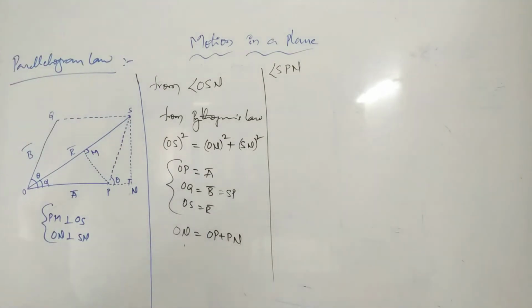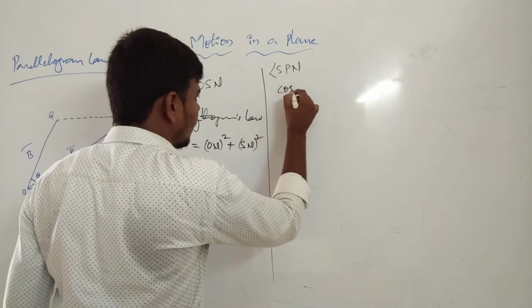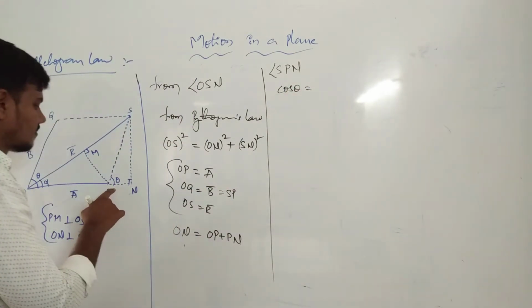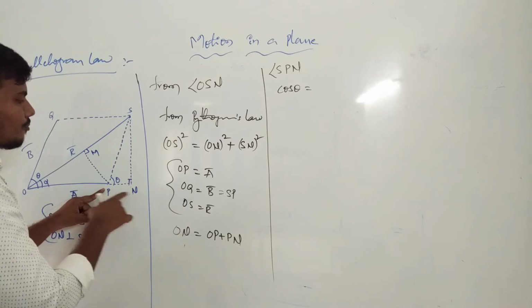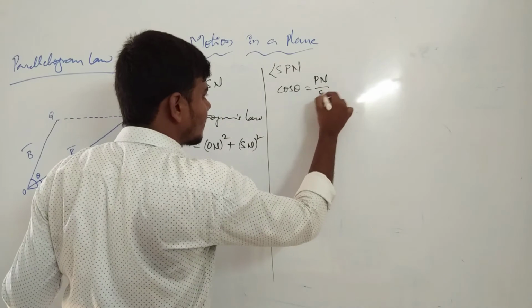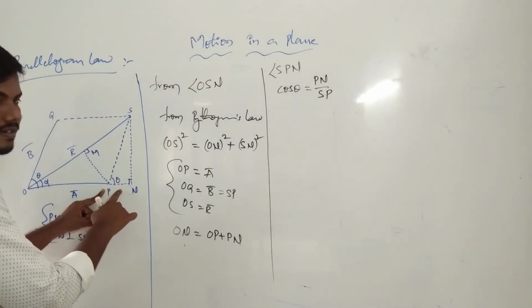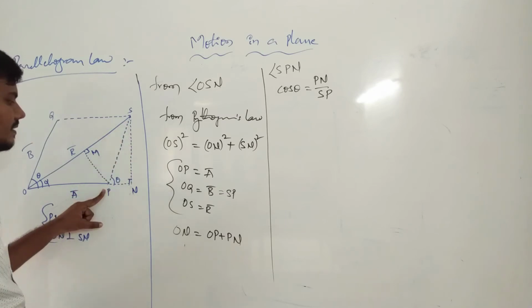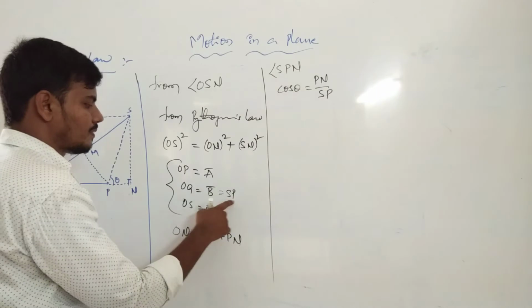Now for angle SPN we always take cos theta is equal to adjacent by hypotenuse, that is PN by SP. Now SP is equal to how much?